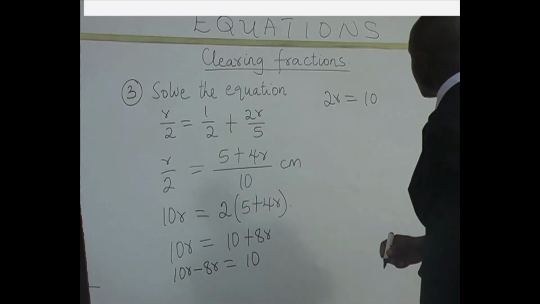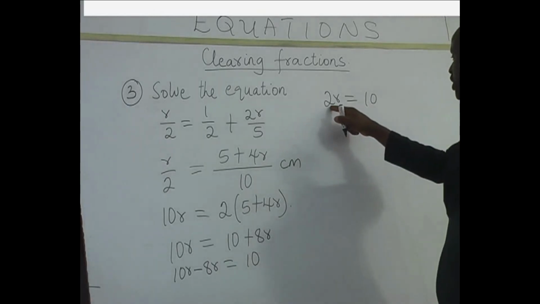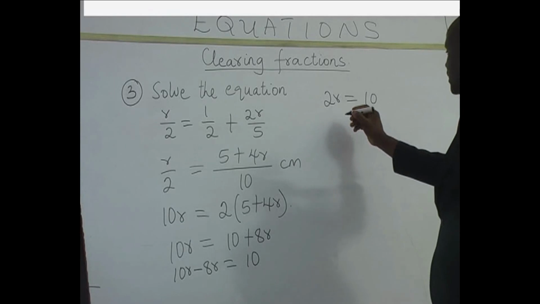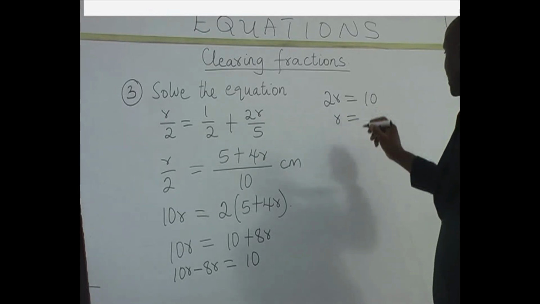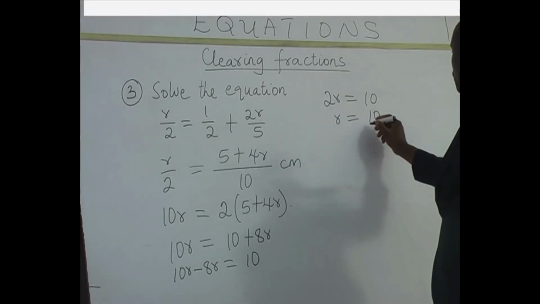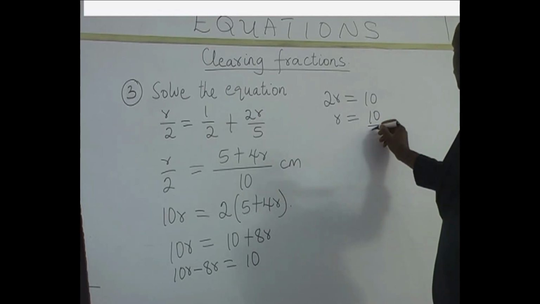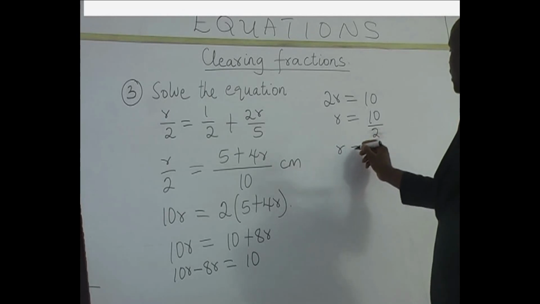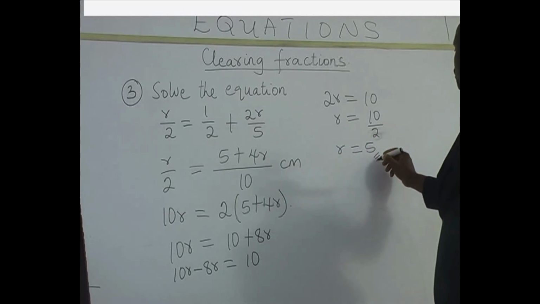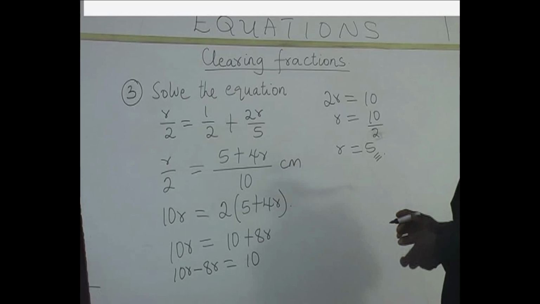Divide both sides by 2 so as to eliminate 2, which is the coefficient of r in the left hand side. When you do that, you have only r in the left hand side. It will now be equal to 10 all over 2. 10 all over 2 is 5. And that becomes the solution of the equation.